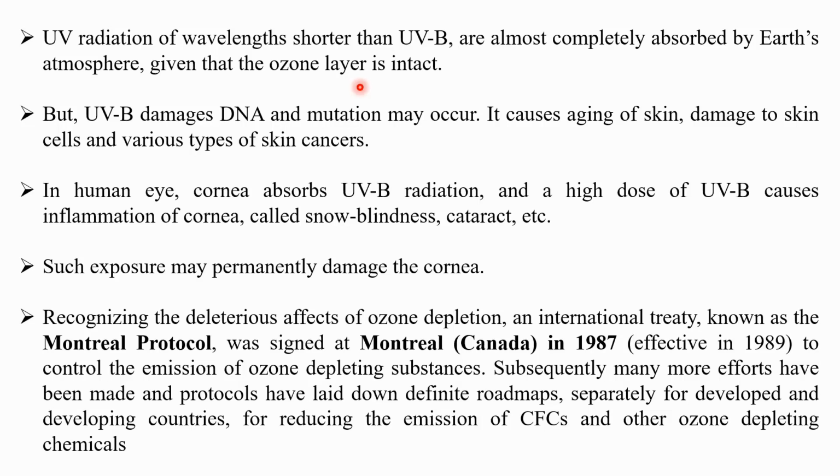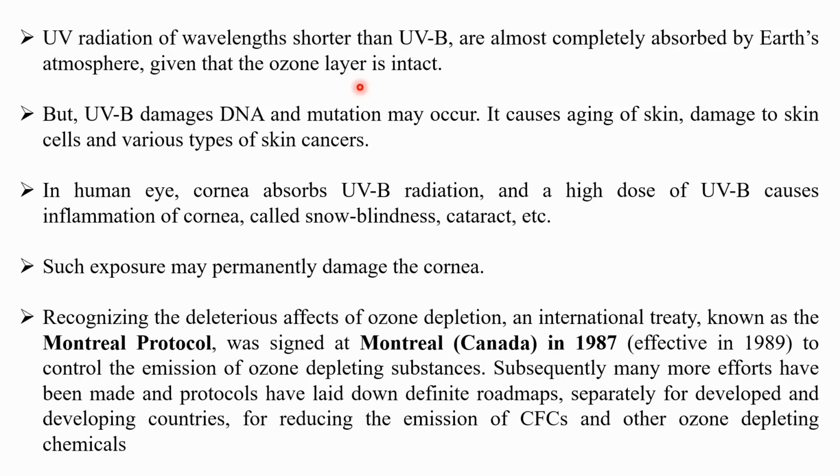Recognizing this deleterious effect of ozone depletion, an international treaty known as the Montreal Protocol was signed at Montreal, Canada in 1987. It was signed in 1987, but it is effective from 1989, to control the emission of ozone, that is O3, and ozone depleting substances.